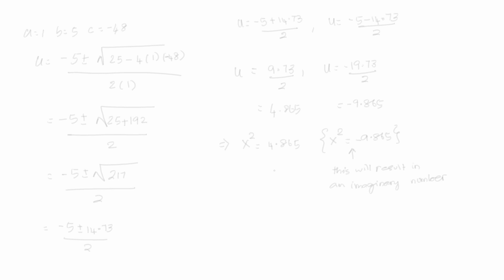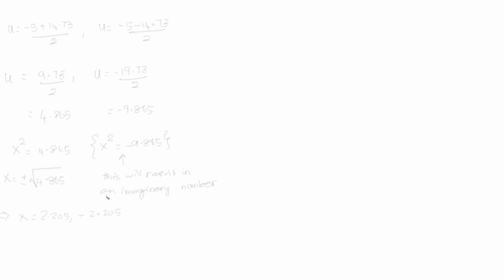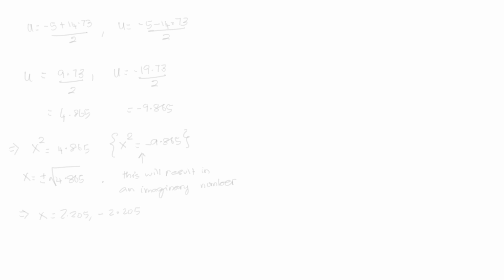So I'll just stick to the first one: x equals plus or minus the square root of 4.865, which should mean I have two solutions. One is plus 2.205 and the other is minus 2.205. Since we have real solutions, this means geometrically the circle and the parabola do intersect.